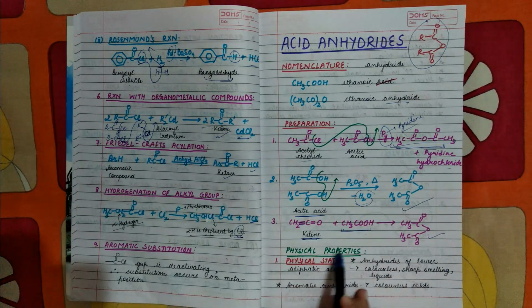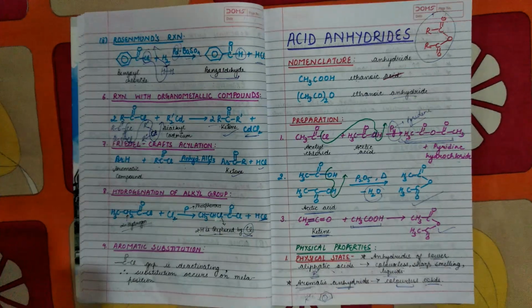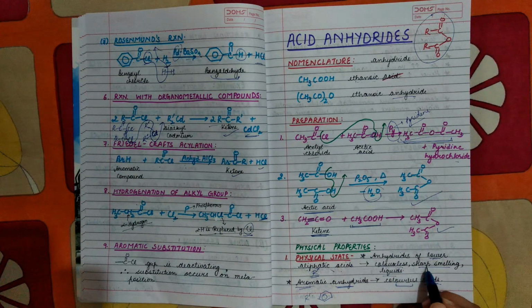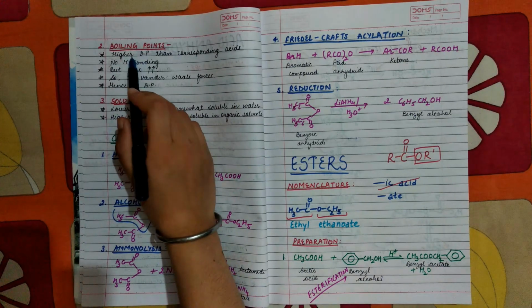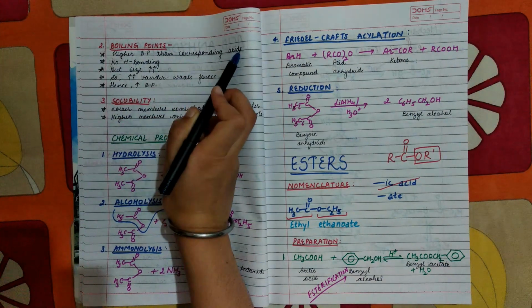Next comes the physical properties. First is the physical state. Anhydrides of lower aliphatic acids are colorless, sharp-smelling liquids, while aromatic anhydrides are colorless solids. Boiling points: higher boiling point than corresponding acids.